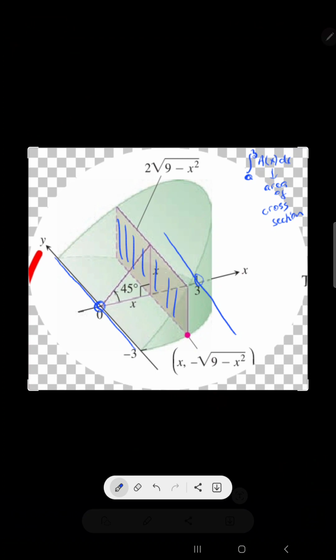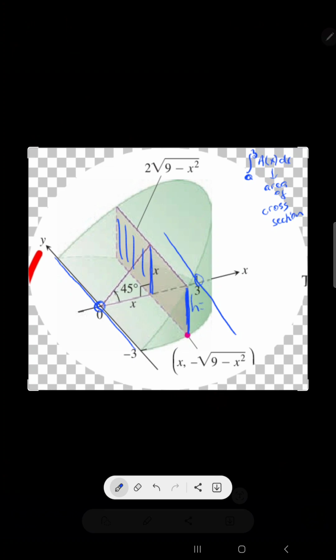How can we find it? The area of this rectangle is, it's given that the height of this rectangle is x. So this one and this one, the height of our rectangle, are parallel, you can see that they are equal.